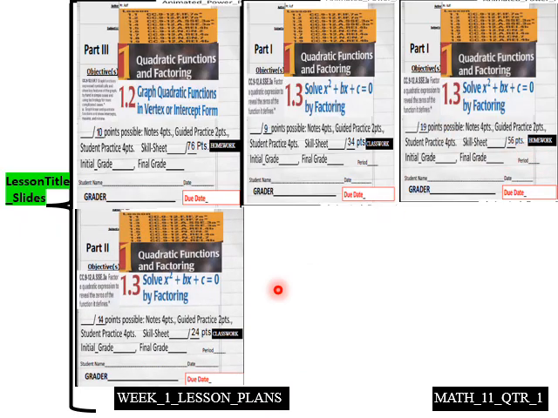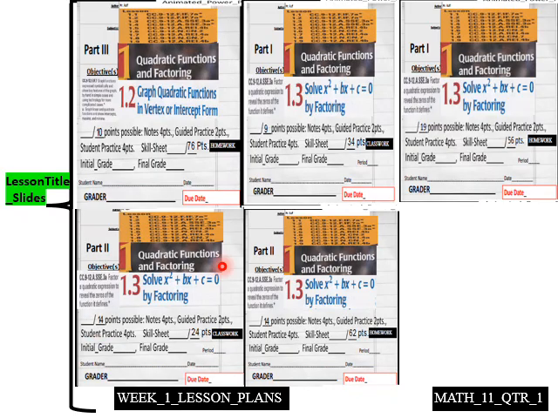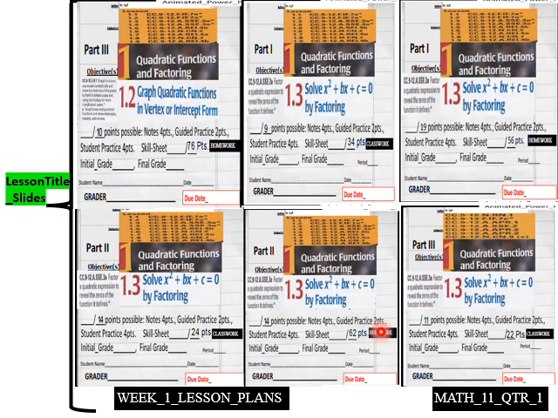And then we go 1.3 Part 2 classwork, 24 points classwork, and then 14 points in note-taking. And then Part 2 1.3 homework is 62 points of homework for 1.3 Part 2. And 1.3 Part 3 classwork, 22 points, 11 points note-taking.